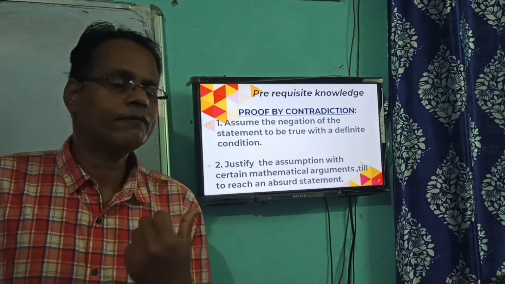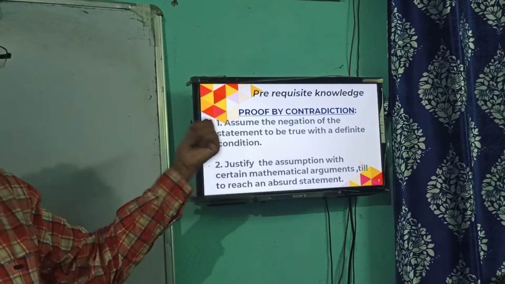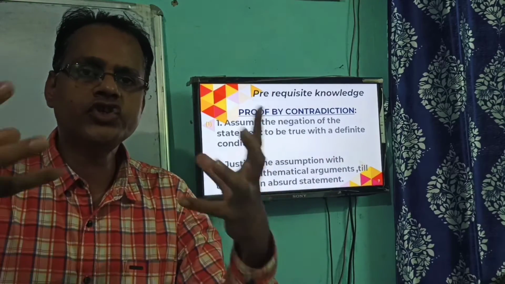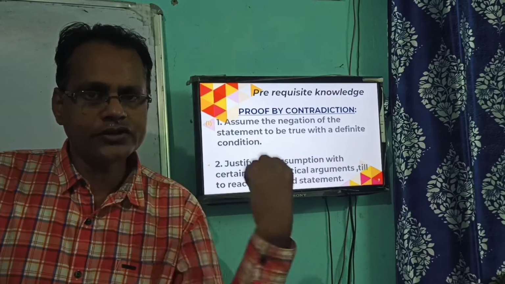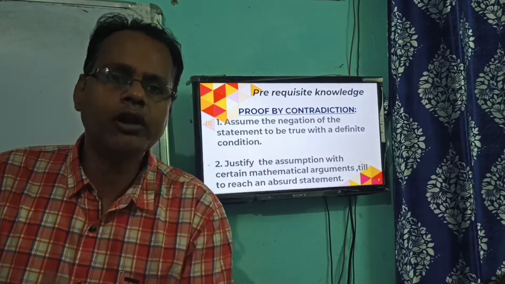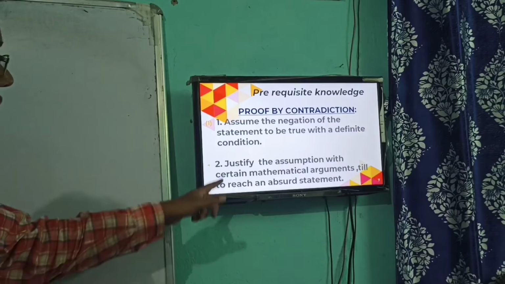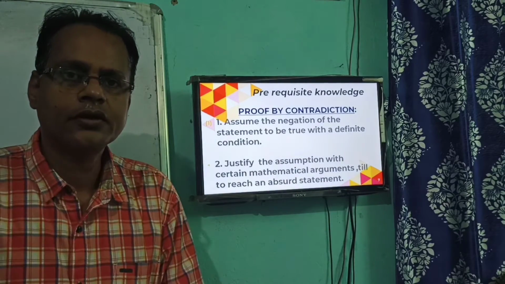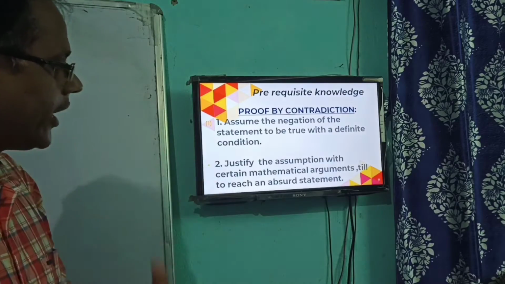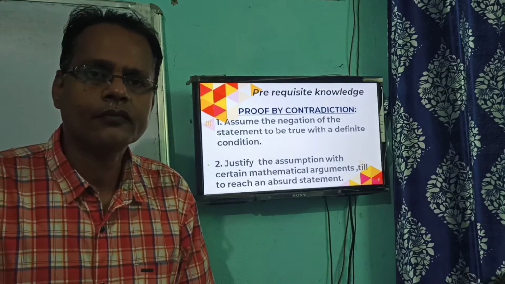In the same style, when you prove the theorem here, we will assume a certain thing with respect to a particular condition. I will tell you what we will assume. The next thing is to justify the assumption with certain mathematical arguments till you reach an absurd statement.